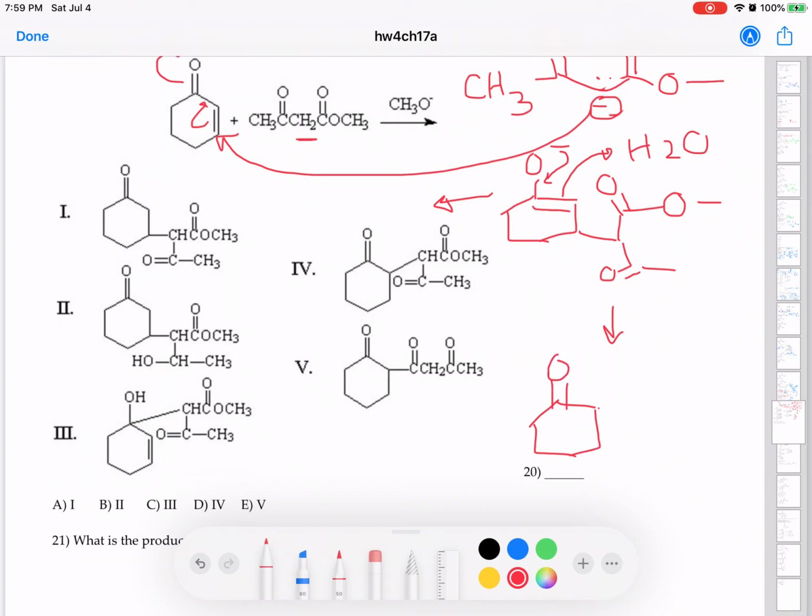Reform the ketone. This one is going to be the product. Now which one is it? Carbonyl group, CHCOOCH. I see the product. You can find out which one it is from this selection.